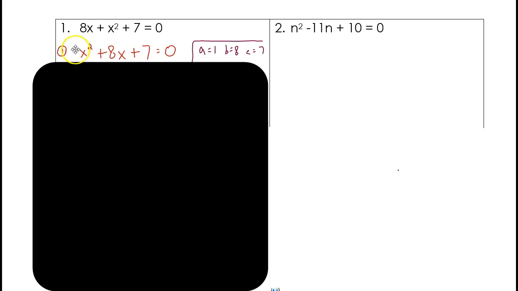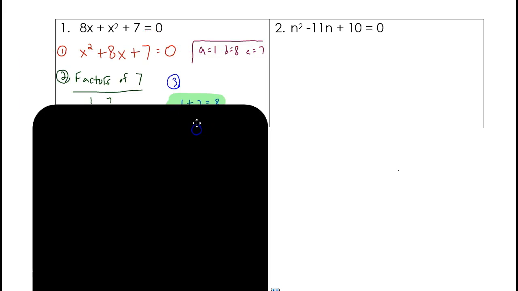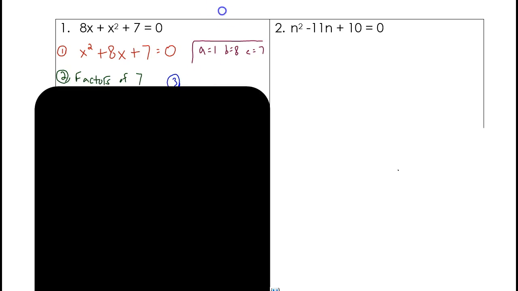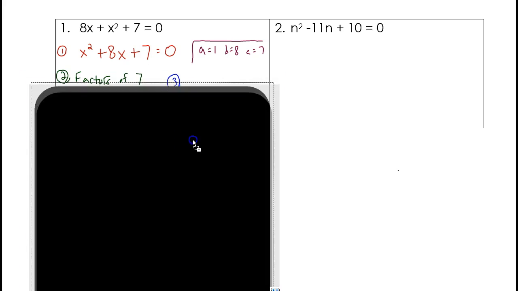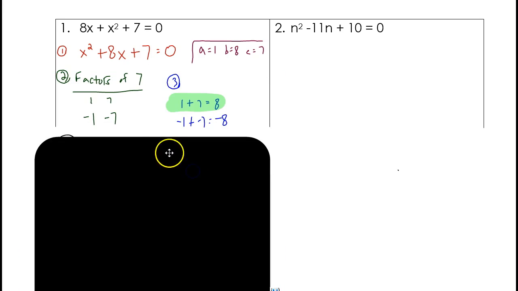Now notice that a is 1, like we said it would be. b comes from the middle term, it's 8, and c is 7. Once we put it in order, we can identify a, b, and c. Now the second step is to find the factors of 7. Well, that's going to be pretty easy for us. Really, there's only 1 and 7 because it's prime. Or, of course, if we needed to use negatives, it could be -1 and -7.